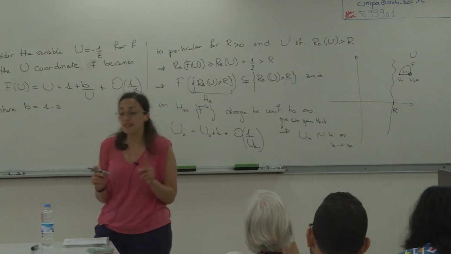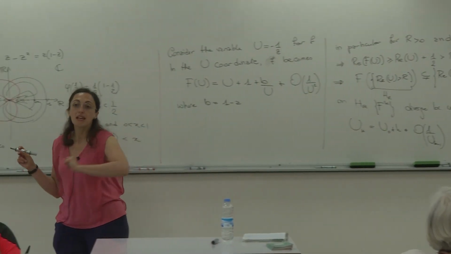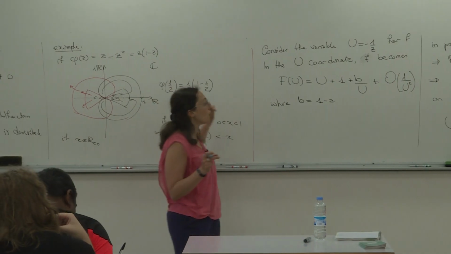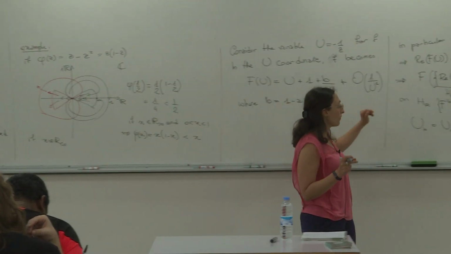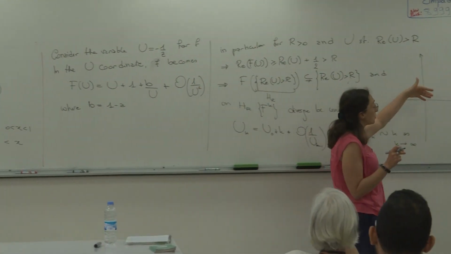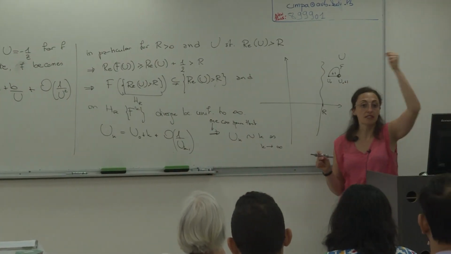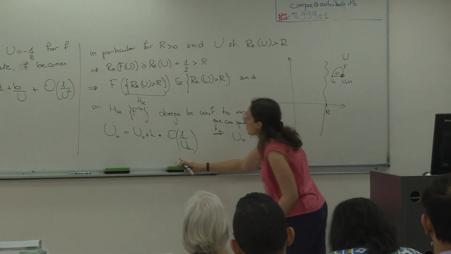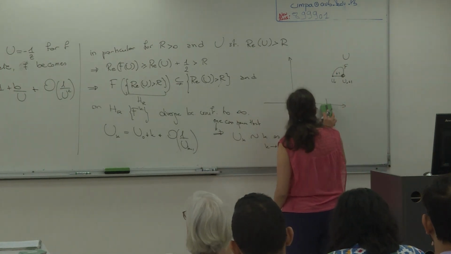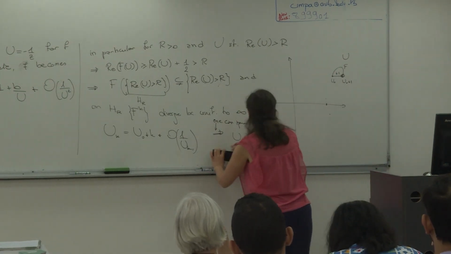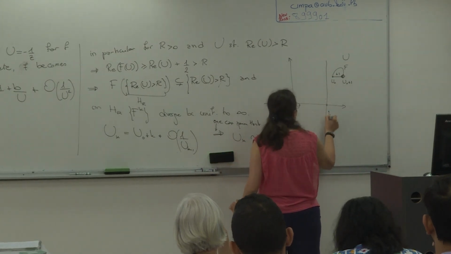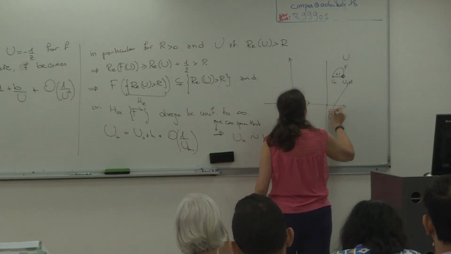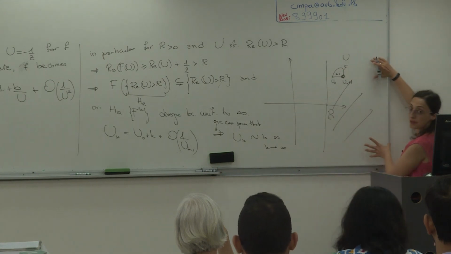And why do I need this? Because this is very important for coming back. So not only can I say that I'm going to go towards 0 in the z parameter. So if I now take this, this was a right half plane. Okay? So let's write it as a right half plane. So we're working in this part.